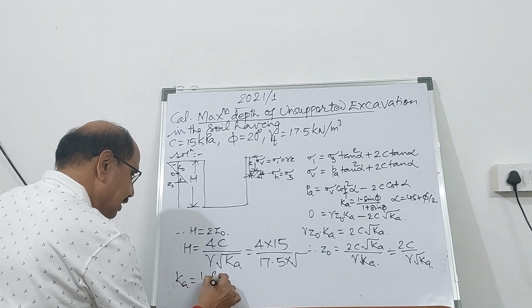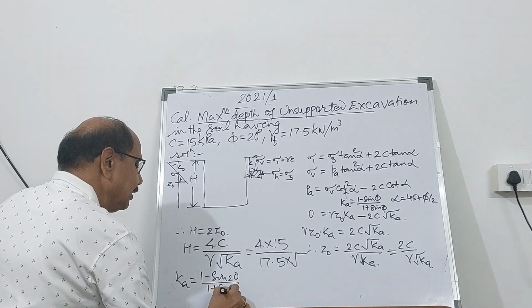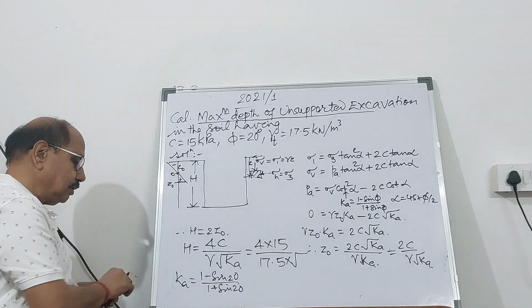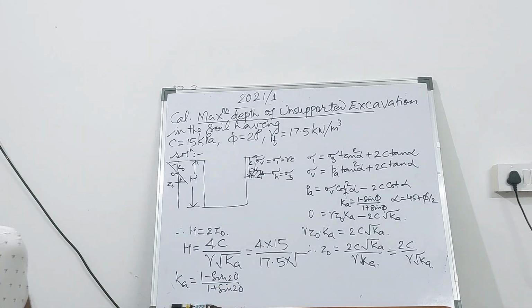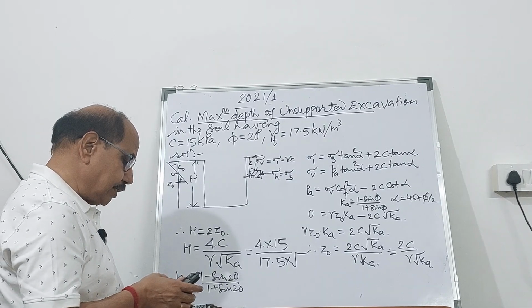So K becomes 1 minus sine 20 divided by 1 plus sine 20. If you calculate this part, you can easily get it. So press your calculator and get the value. I will also be doing this.